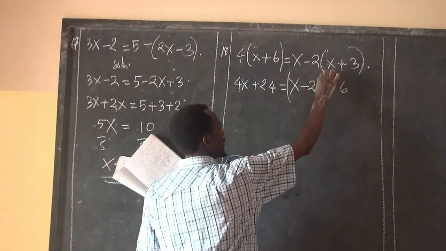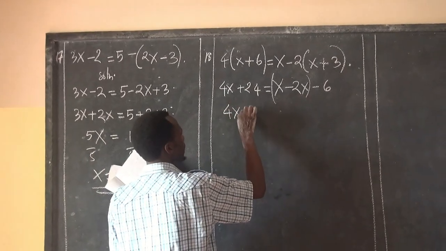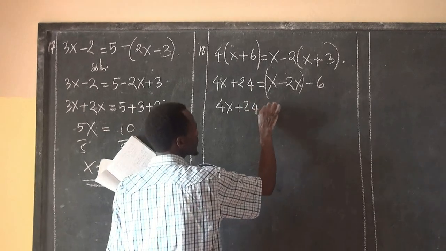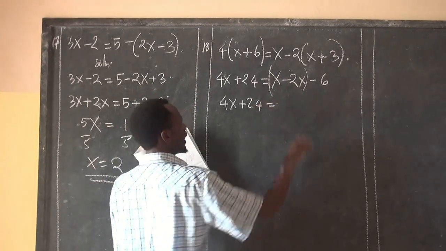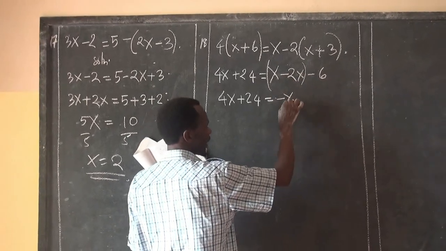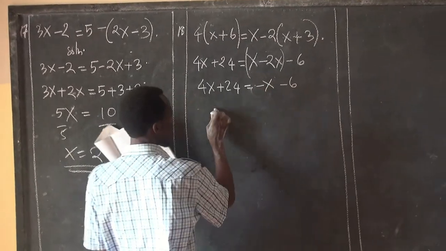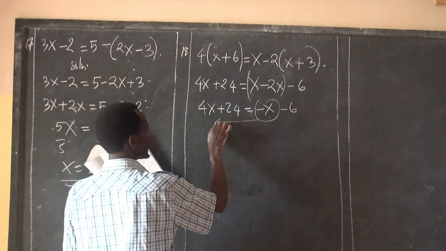Remember, x and negative 2x. Now, you have 4x plus 24 is equal to x minus 2x, which is negative x, with minus 6. Now taking this to the other side, this negative becomes positive.